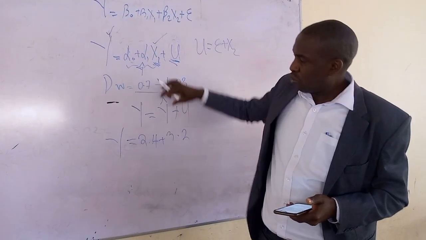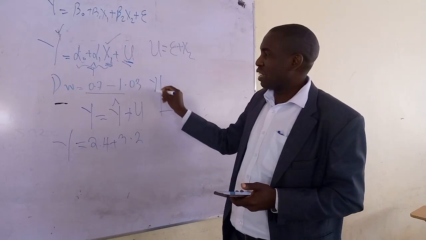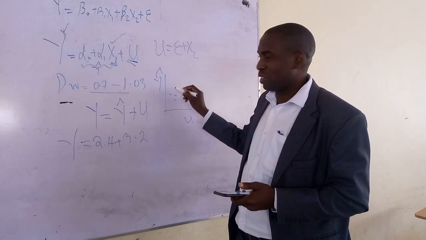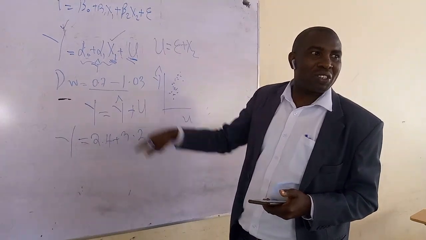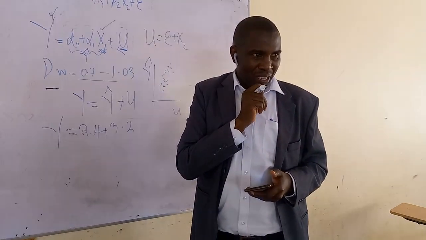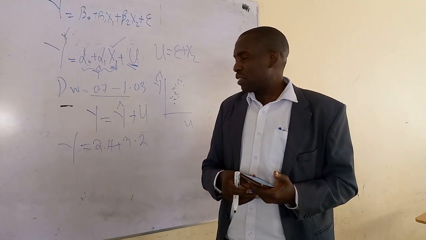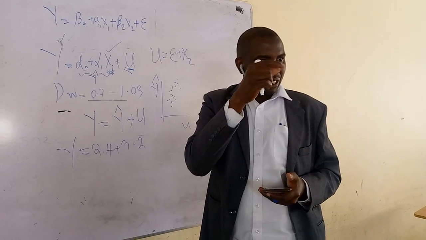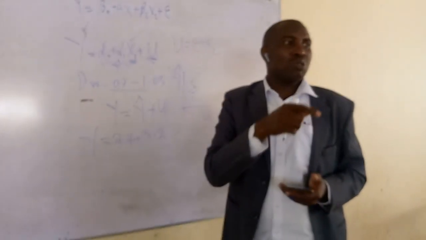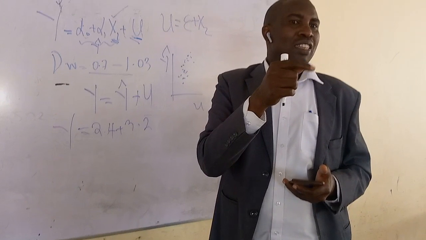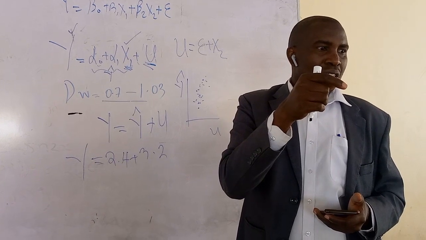So once you have this, you can plot y hat against u and observe what happens. If there is a systematic pattern, then it means the error term and the omitted variables are related. They are related, and if they are related, it is likely that there is model misspecification. So this is the theory that the Ramsey RESET test is anchored on.